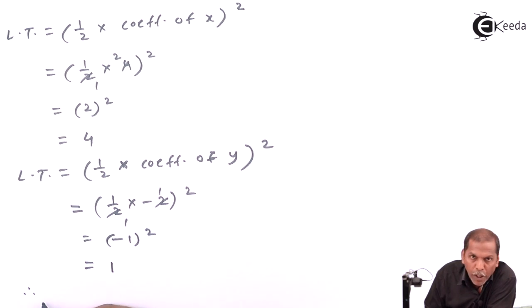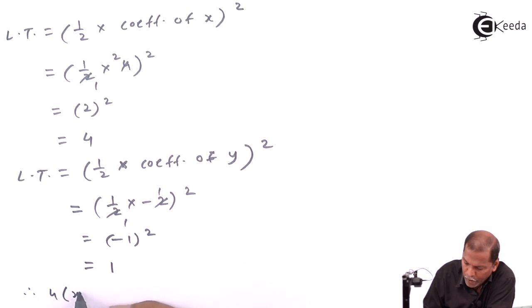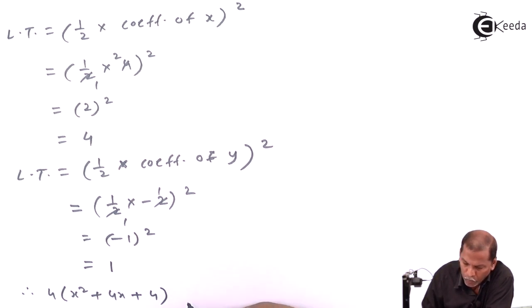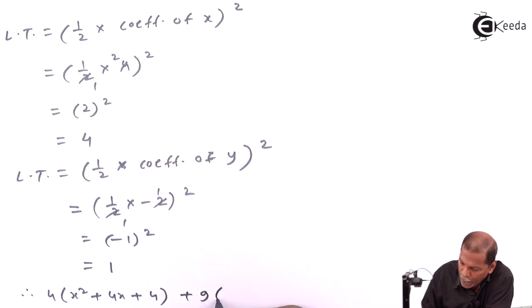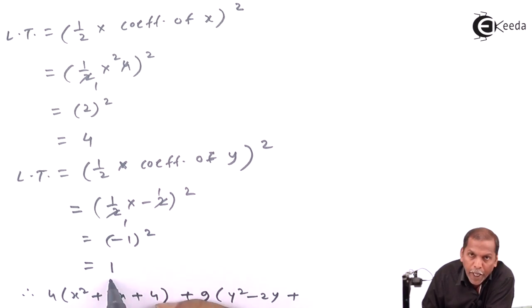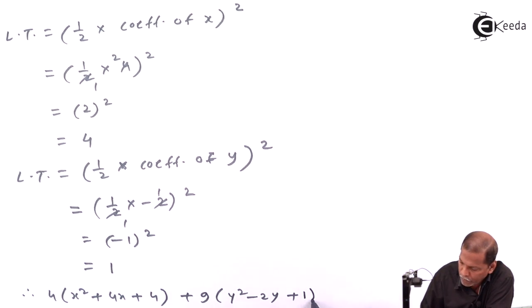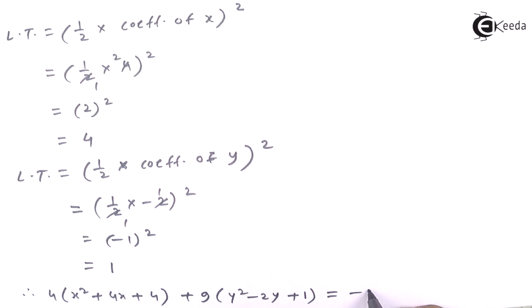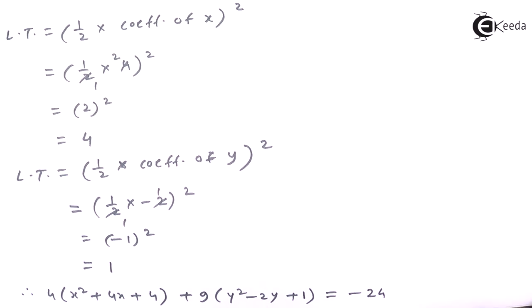Therefore, by using these two last terms, the above equation can be written as 4 times (x square plus 4x plus 4), then plus 9 times (y square minus 2y plus 1), and that is equal to minus 24.